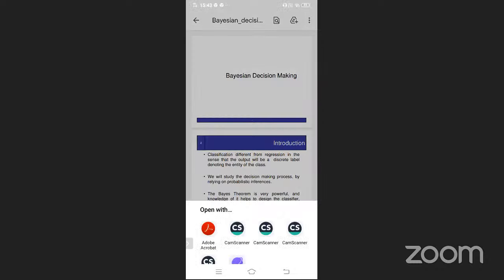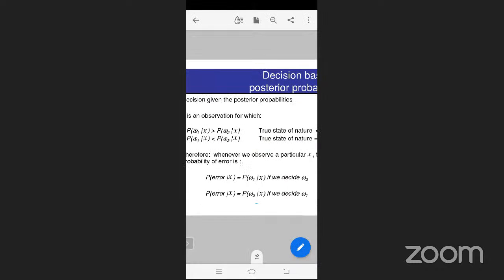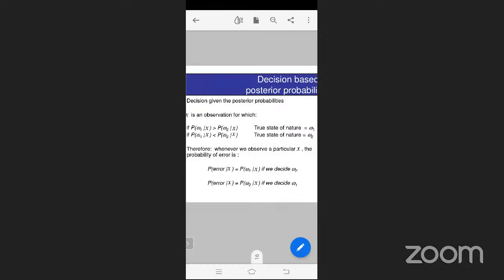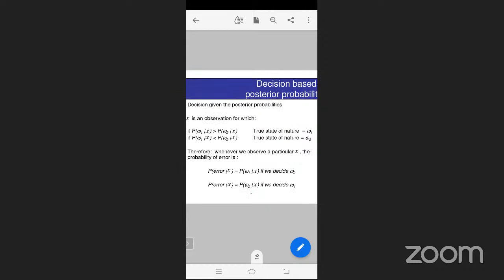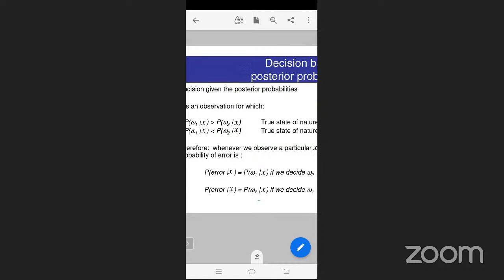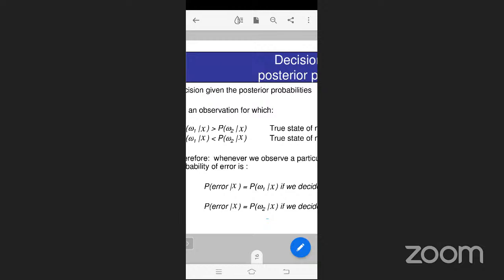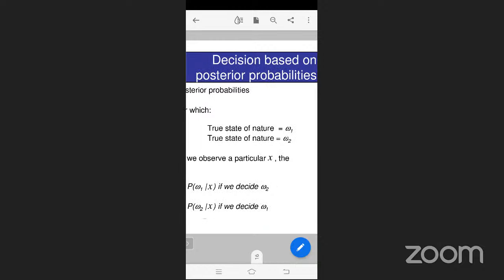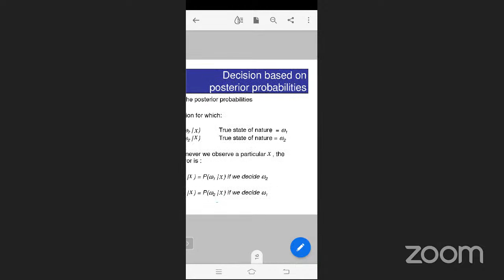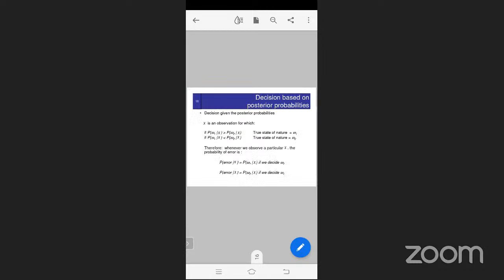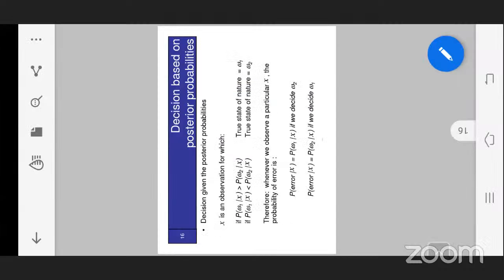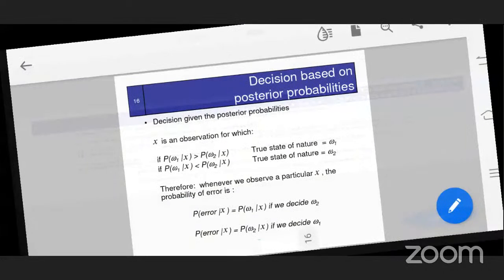The probability of error given x is the probability of omega 1 given x if we choose omega 2, and the probability of omega 2 given x if we decide omega 1. The probability of a correct decision and the probability of a wrong decision should sum up to 1, because after all, probability is a number that sums to 1.